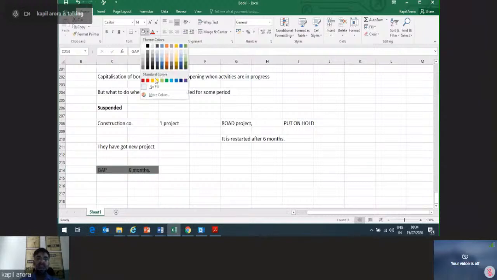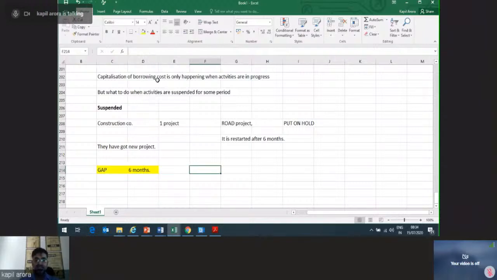But my question is, will the bank not charge the interest during this period? Can the bank come and say that you are not working, so don't worry, we will not charge you interest for this? Answer is no. The bank will still charge interest. If the bank will still charge interest, it means my activities are not in progress, but the bank is charging interest.